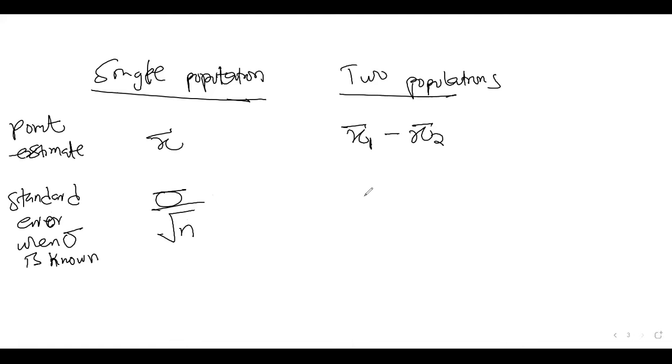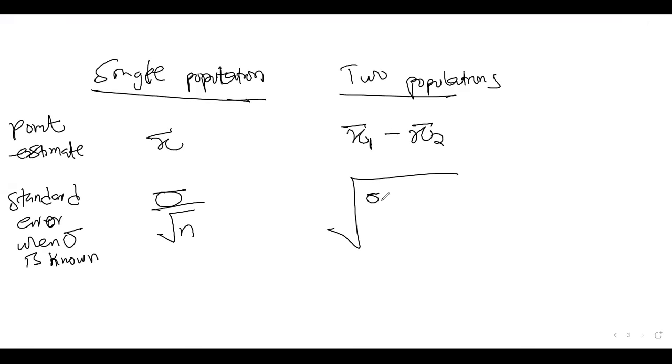But for 2 populations, it will be the square root of the standard deviation of population 1 squared over the sample size of the first group, plus the standard deviation of the second group squared divided by the sample size of the second group.